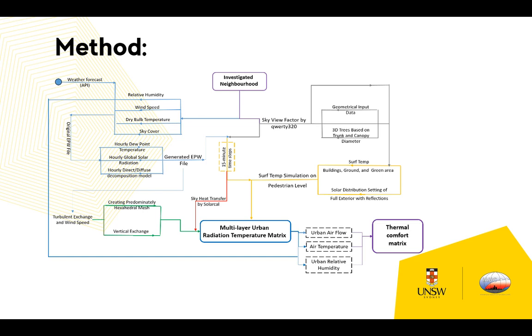So I replaced it with Blue CFD in some aspects of the CFD simulation to speed it up. As you can see, in this part I started with the EPW file, and I generated that new EPW file. Then we also had a 3D model, with all the trees and all the details of buildings.